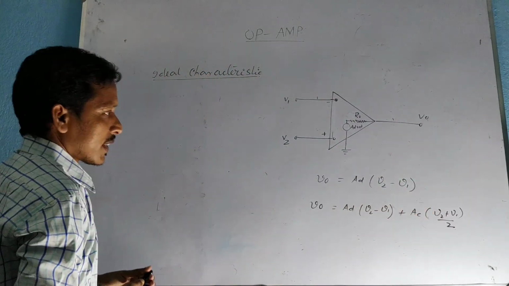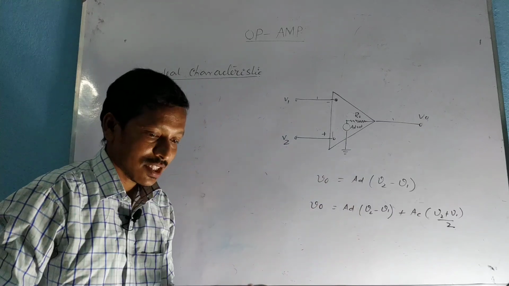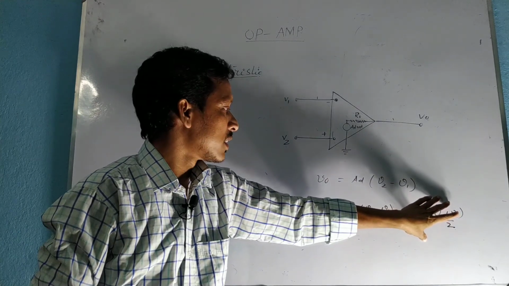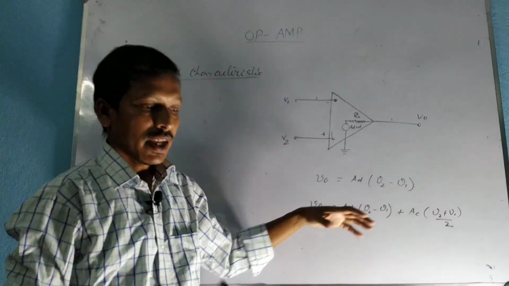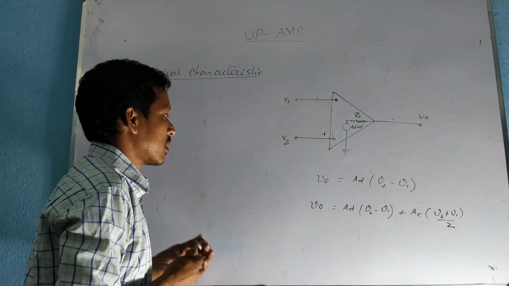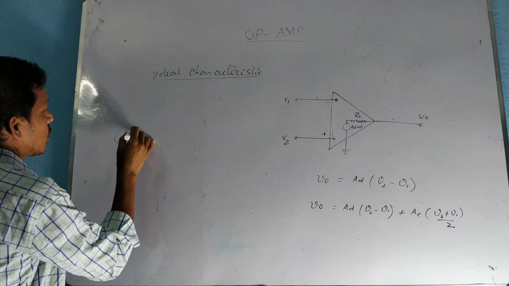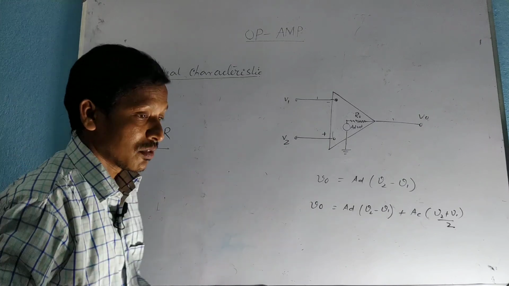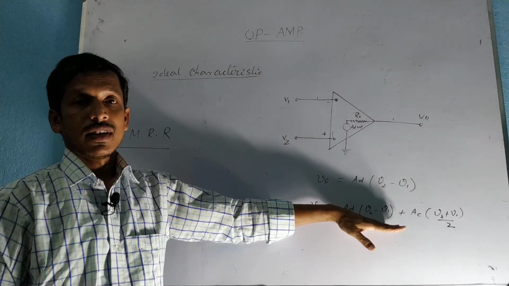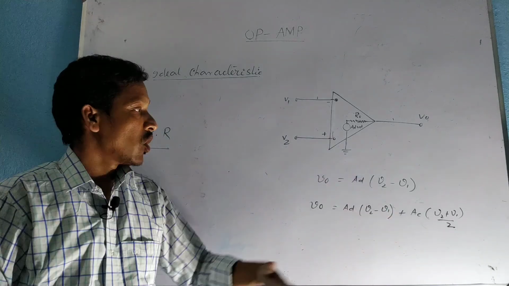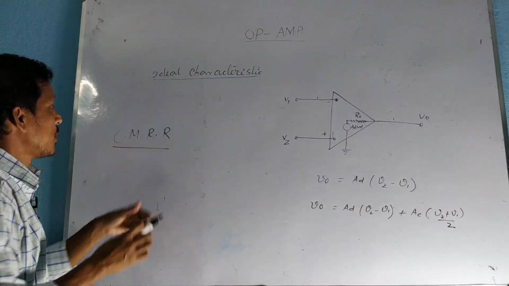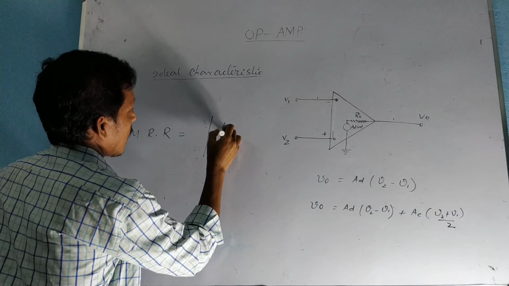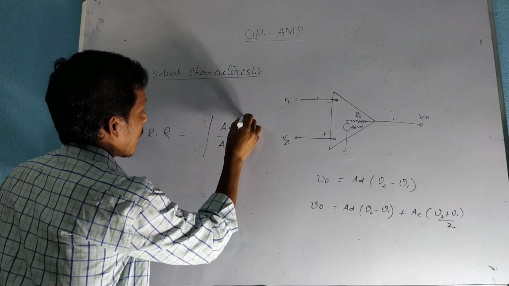How successful an amplifier is at rejecting the common mode signal and amplifying the difference mode signal is measured by a parameter called common mode rejection ratio, CMRR, and the expression for it is AD by AC.